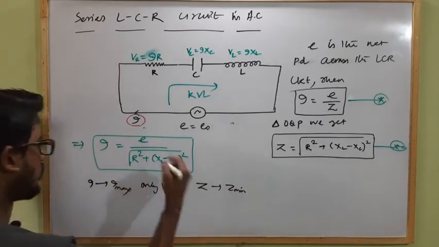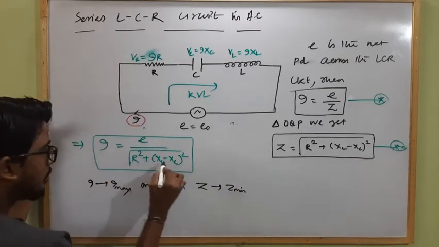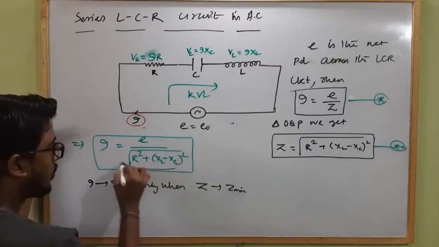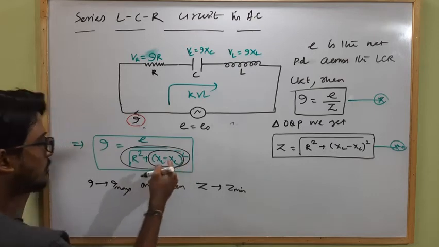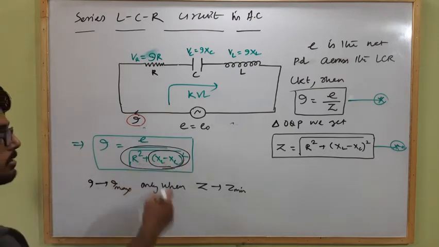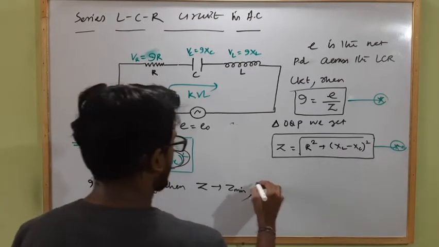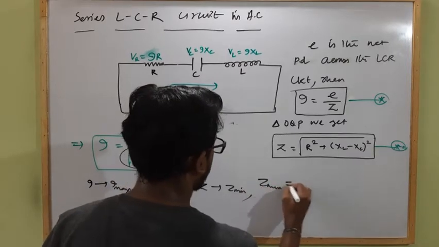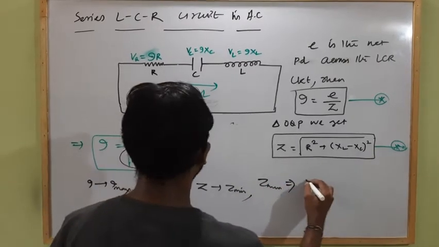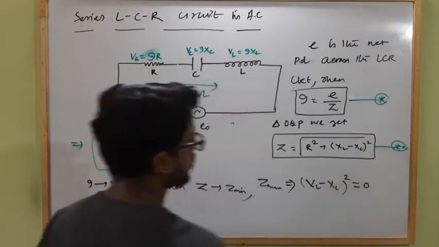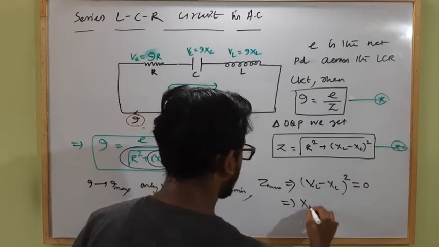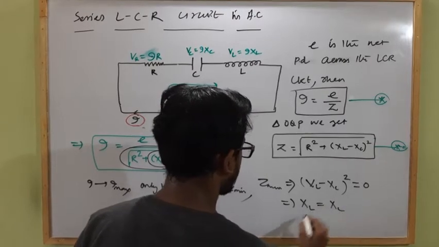So this term, R square plus XL minus XC whole square, will be minimum when XL minus XC becomes 0. So for Z minimum, XL minus XC whole square will be equal to 0.